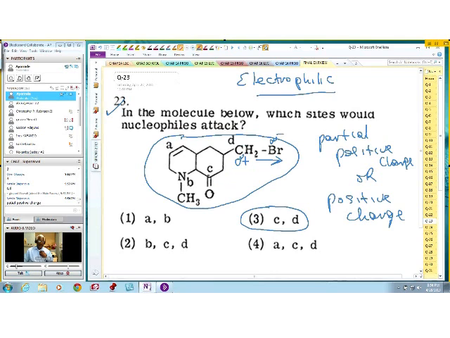The same thing applies to carbon C. In this case, as a result of resonance, you could move the electron to oxygen, thereby creating a positive center on this carbon atom. So this carbon here will also be electrophilic. Very good.